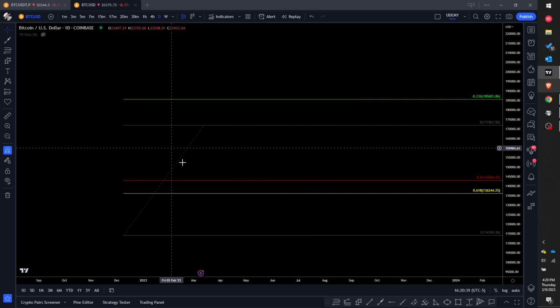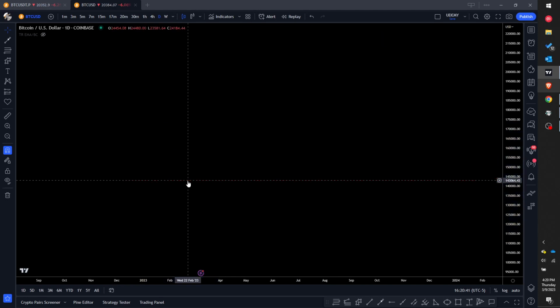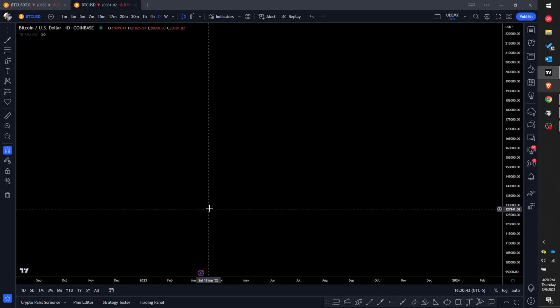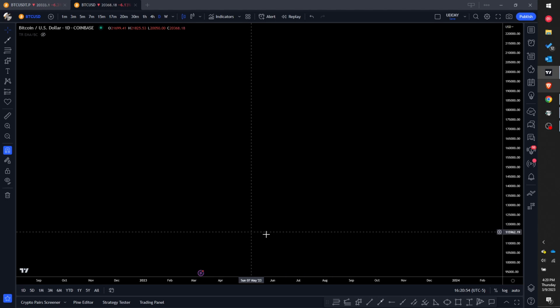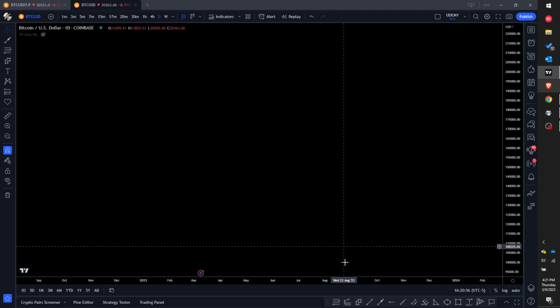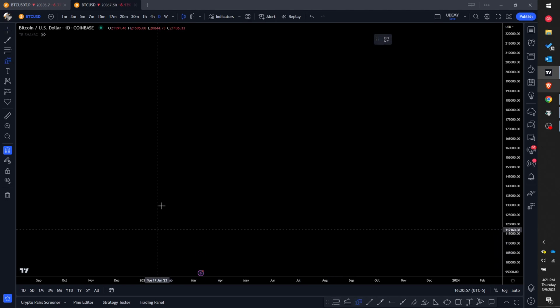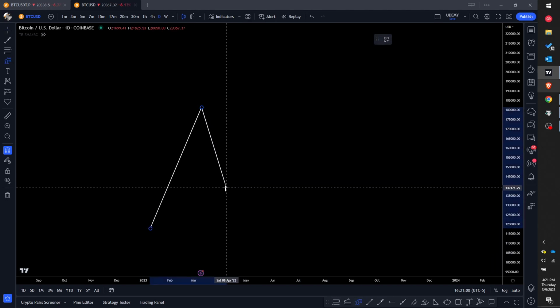I actually have some measurements that I use, where once I'm in a trade, I'll start looking at the opposite side to get confirmation that it goes past the 618 or past the platinum zone. Once it goes past that platinum zone, then I can be more comfortable in my trade. So what I mean by that is, let's say I enter here.